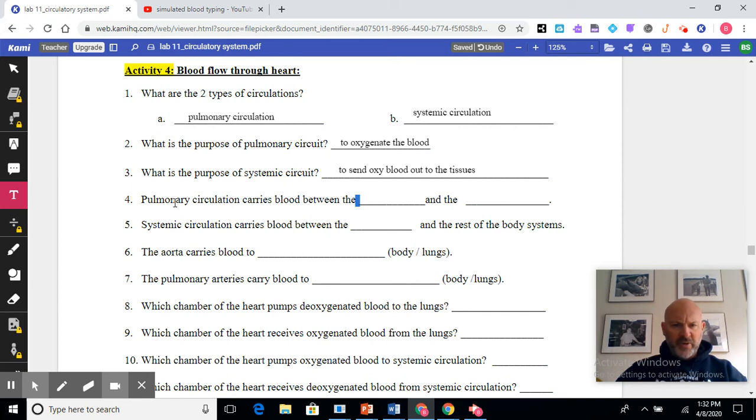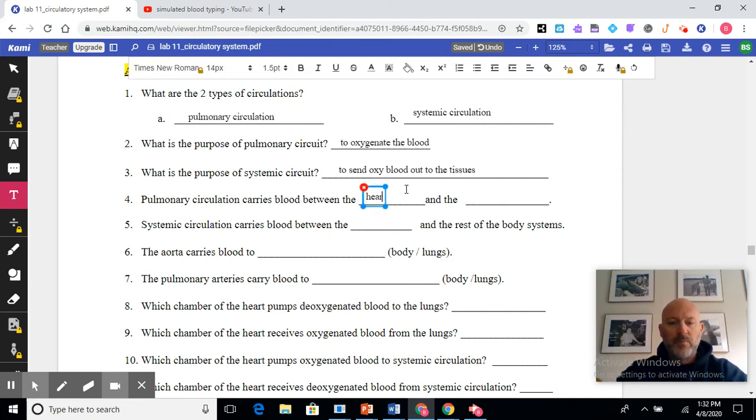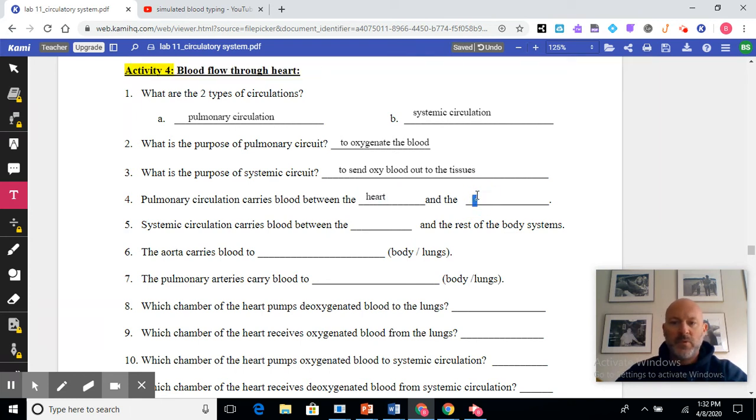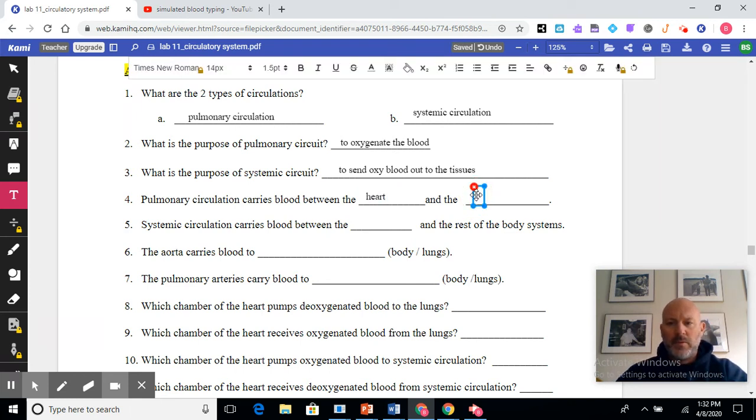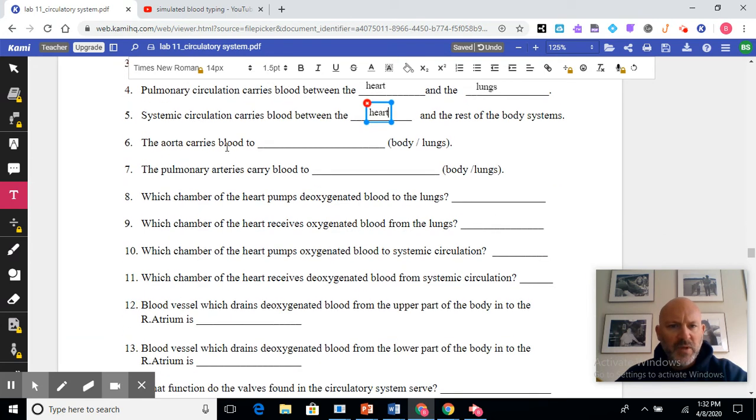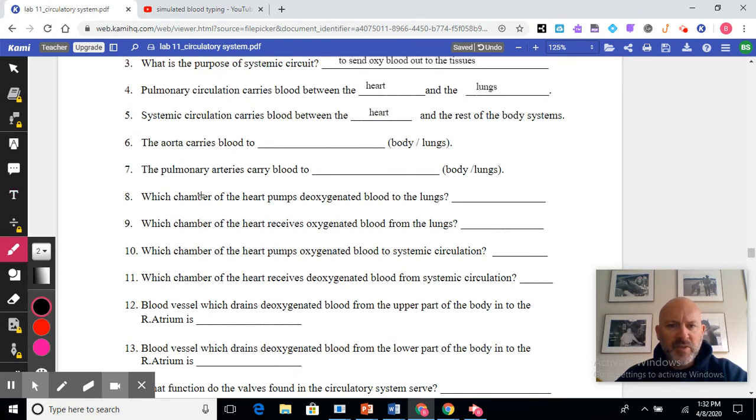Pulmonary circulation carries blood between the heart and the lungs. And systemic circulation carries blood between the heart and the body systems. The aorta carries blood to the body.